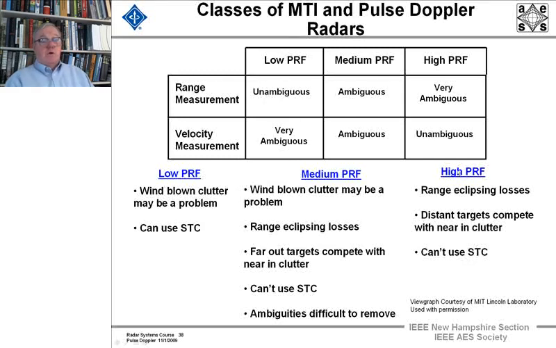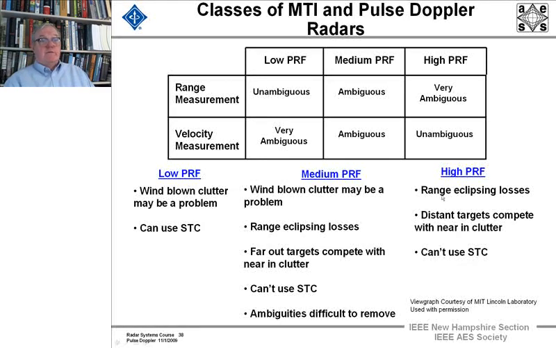Now, you go to the high PRF mode, and we're unambiguous in velocity, and we're very ambiguous in range. And when you're very ambiguous in range, a large portion of the delay time is taken up by transmission of pulses, longer pulses that might have pulse compression.